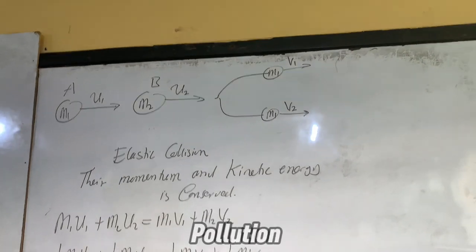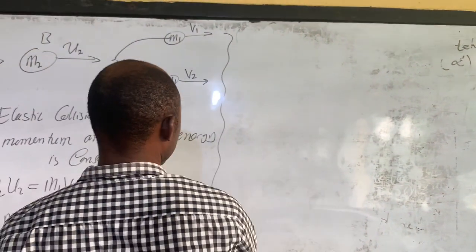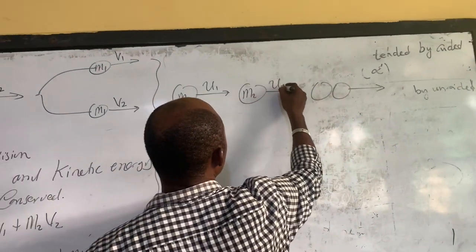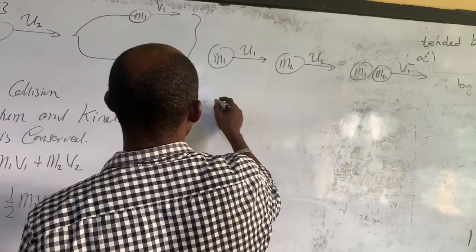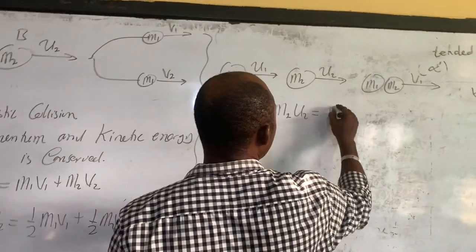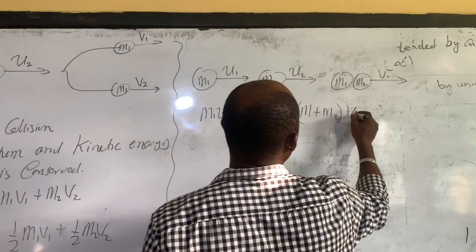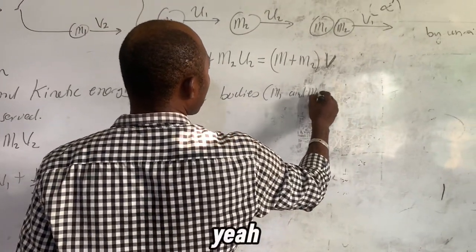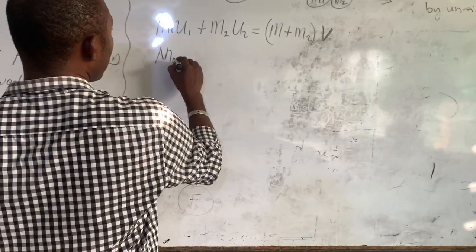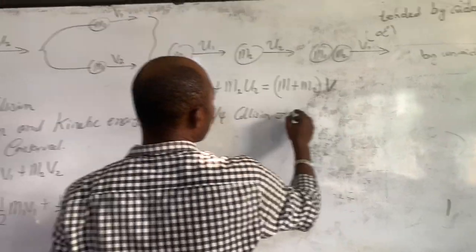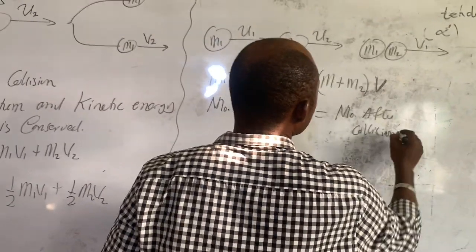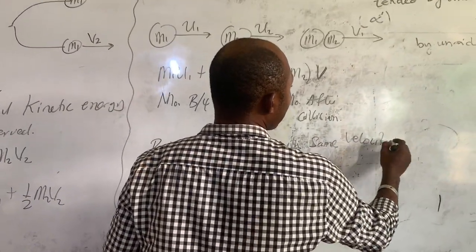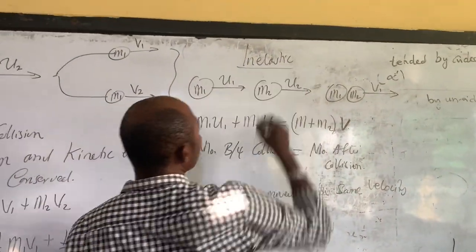Let's look at inelastic collision. Under inelastic collision, both bodies move with the same velocity.